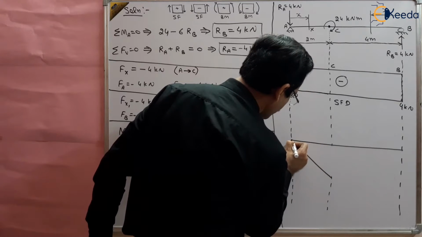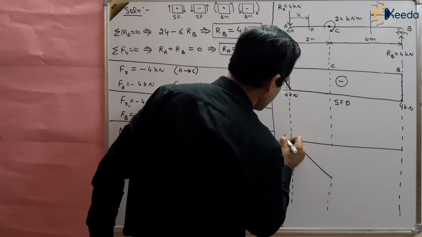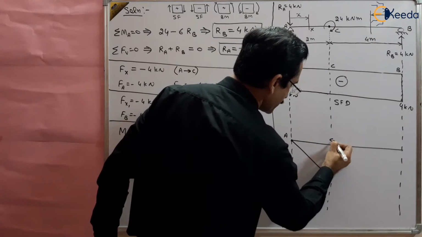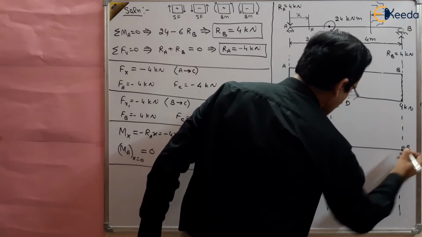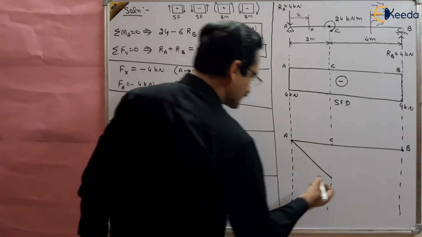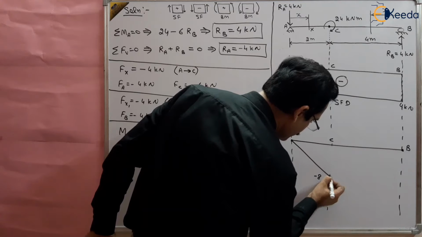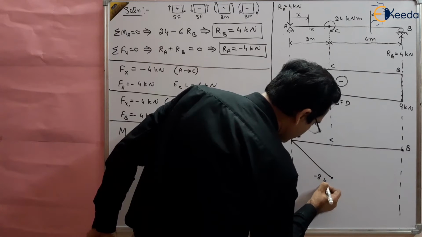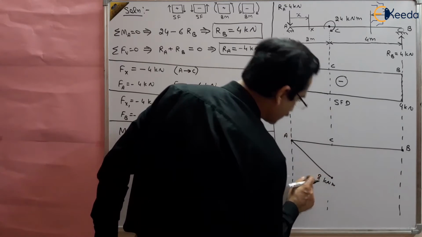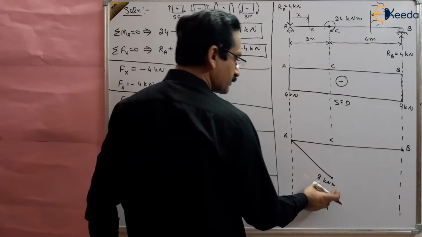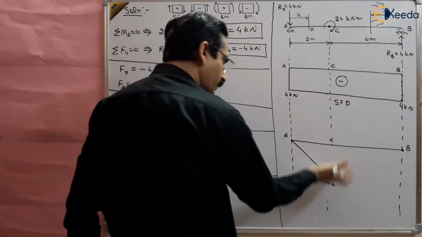right? So from 0 to minus 8, this is A, C, B. This is minus 8 kilonewton meter. Negative direction we are showing, so that's why we are removing the minus sign, because it is already in the negative direction.